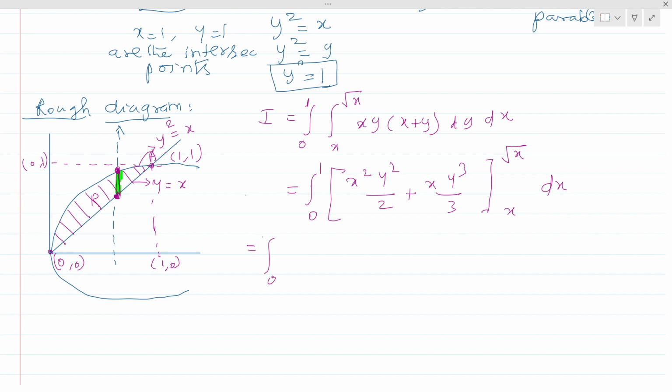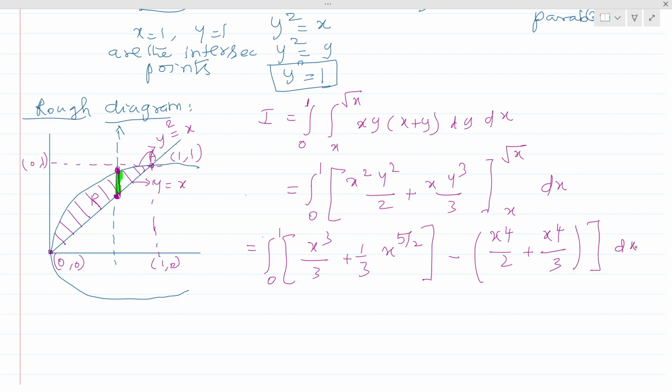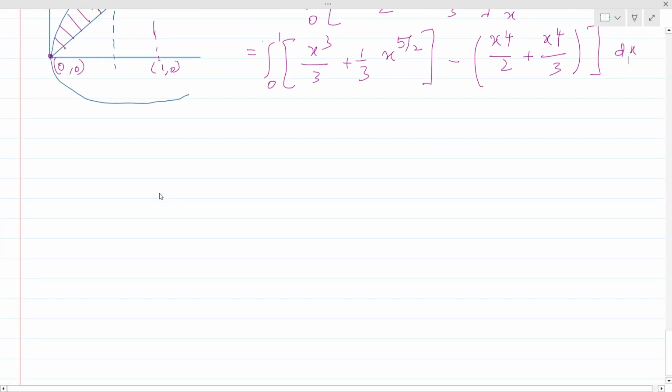That is equal to the integral over 0 to 1 of x cube by 3 plus 1 by 3 x power 7 by 2 minus x power 4 by 2 plus x power 4 by 3 dx. The next step, simplify this.